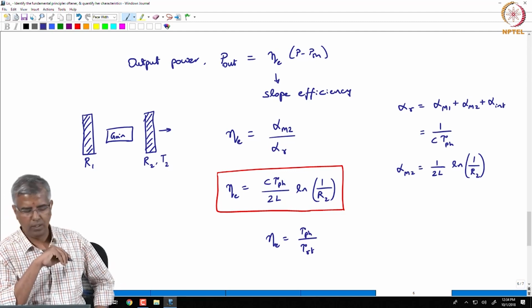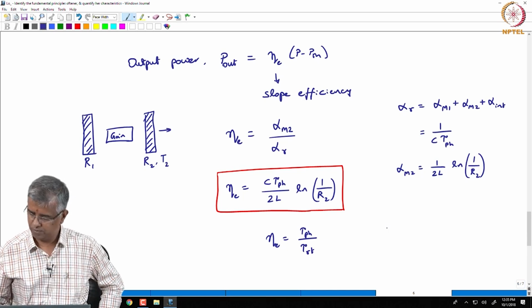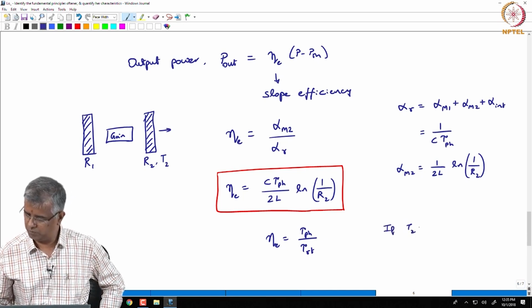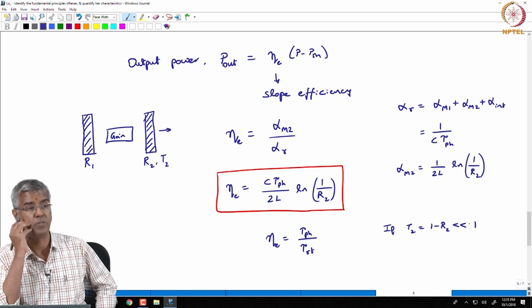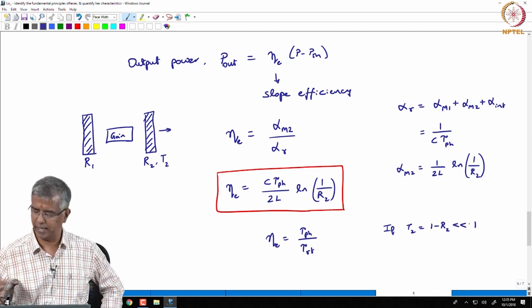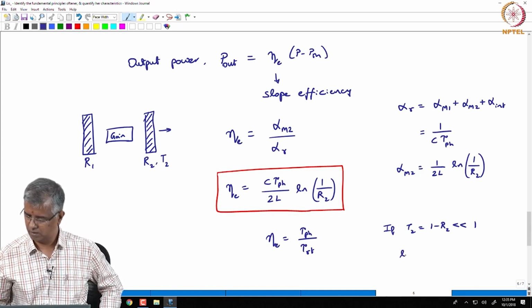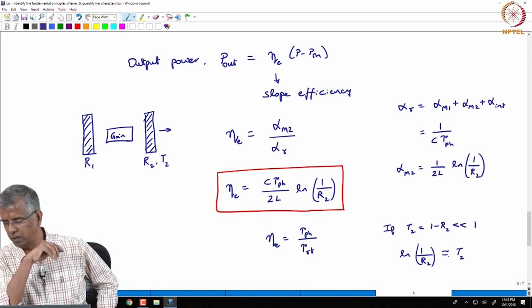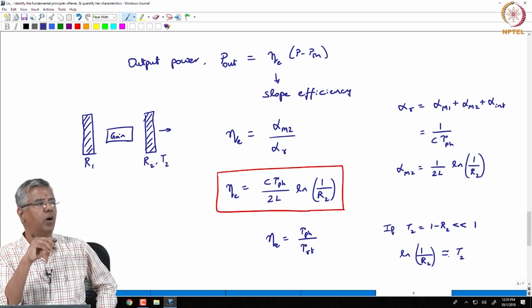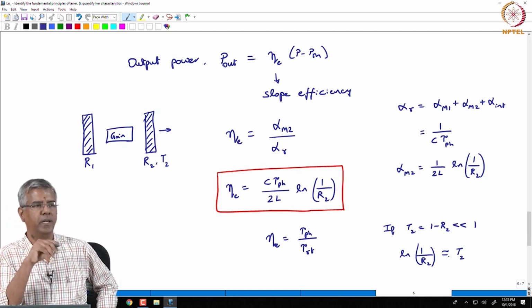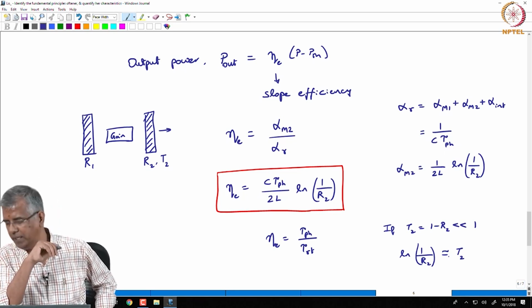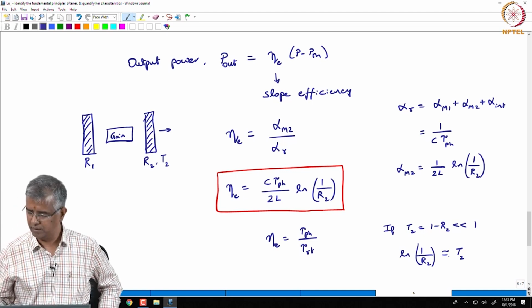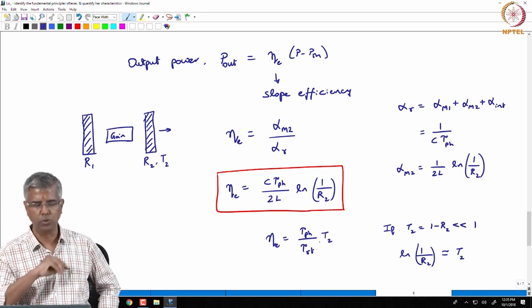If T2, which corresponds to 1 minus R2, is far less than 1, if it is very low transmission, then I can say that ln of 1 over R2 is approximately equal to T2. ln of 1 over a number very close to 1 can be approximated by 1 minus that number, so I can write this as T2.